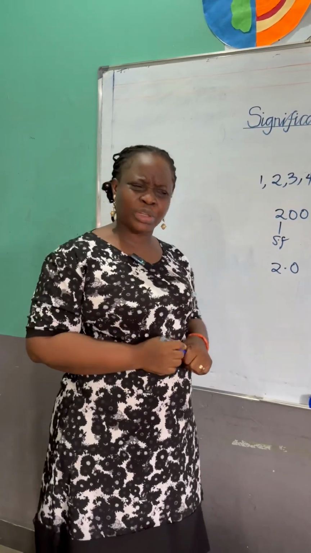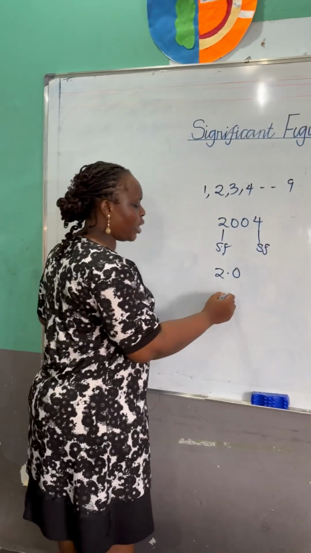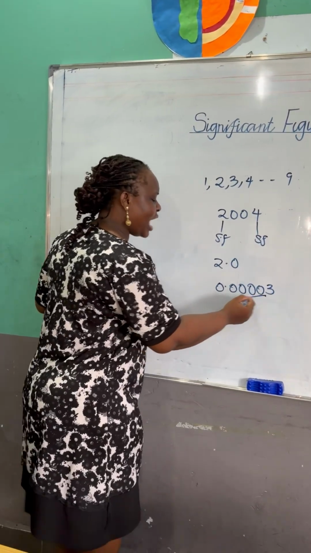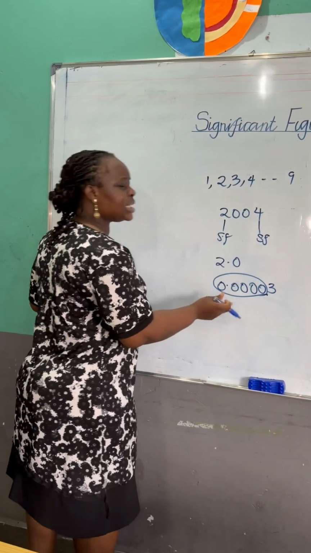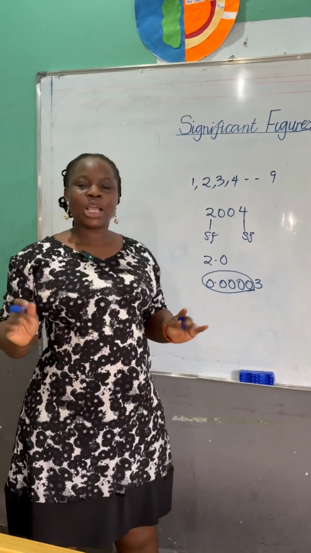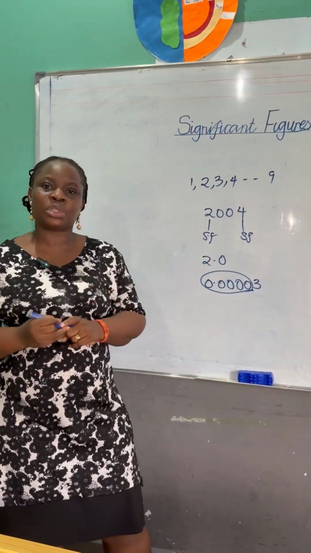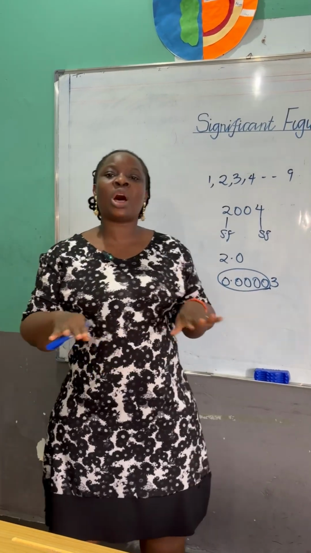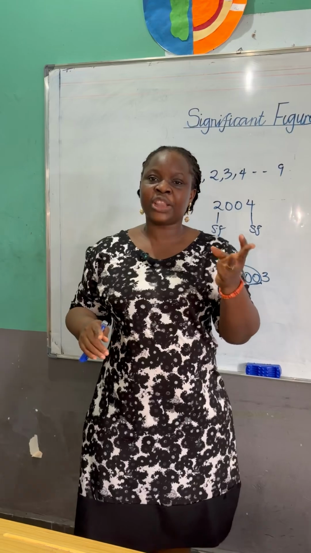What do I mean by front zero? If I have 0.00003, all these zeros are not significant. So we are going to be working with these four rules, but let me just do a recap. Rule number one says non-zero numbers are significant.